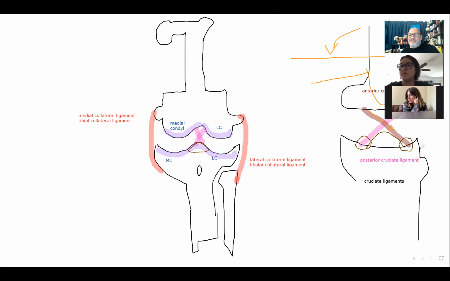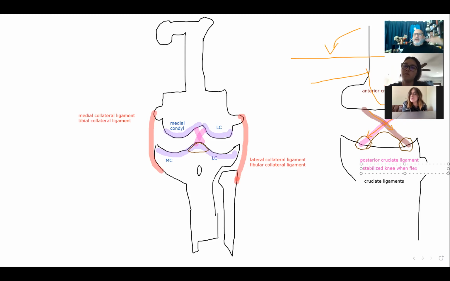So the anterior cruciate ligament wouldn't be doing anything, but our posterior cruciate ligament would be stretched out. So notice our posterior cruciate ligament is what stabilizes the leg or the knee, let's say it that way, when the knee is flexed.